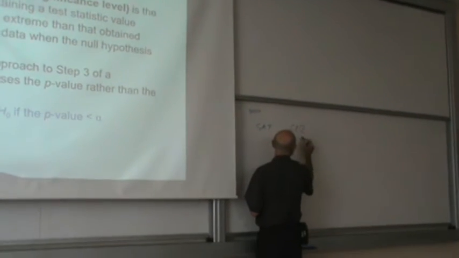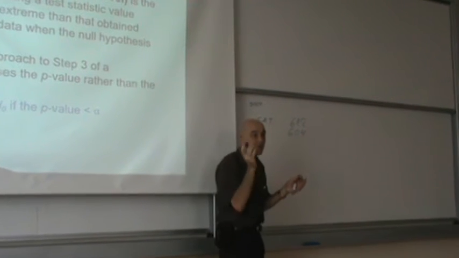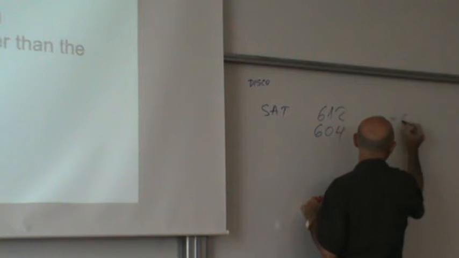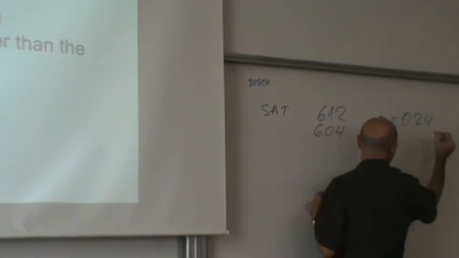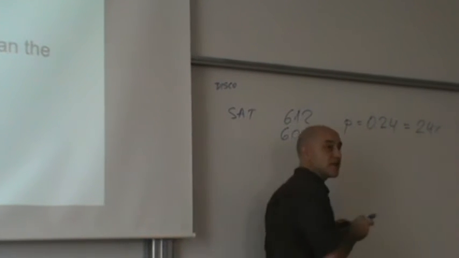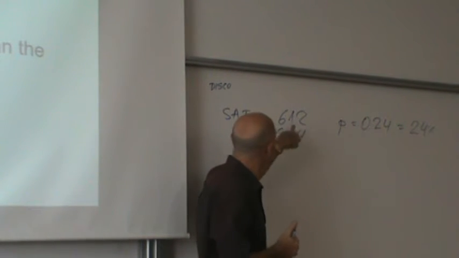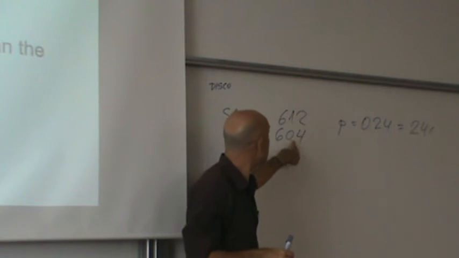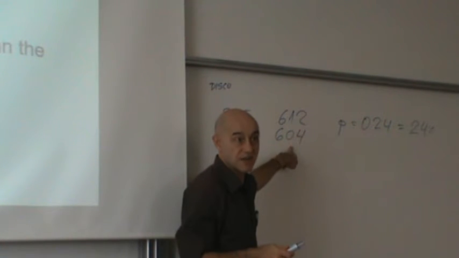For the other one was 604. I'm kind of making the numbers very close. And the p-value was 0.24, which is the same as 24%. The difference here is very small, and we say that the difference is insignificant.